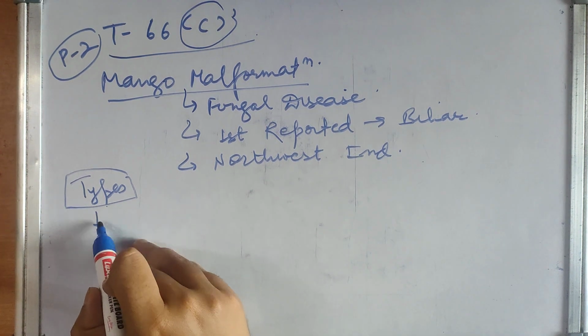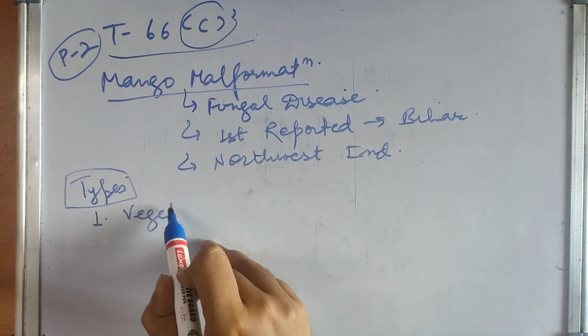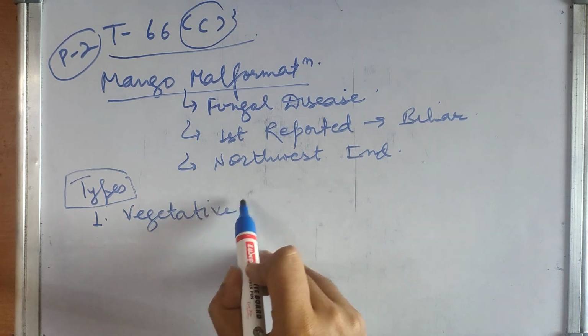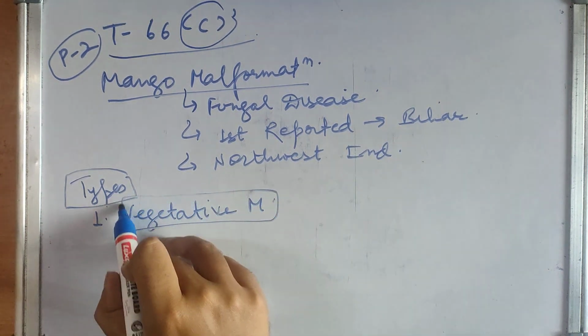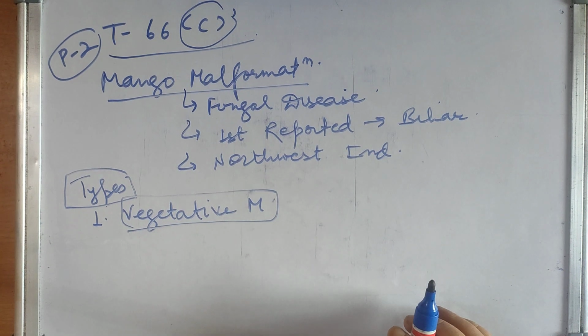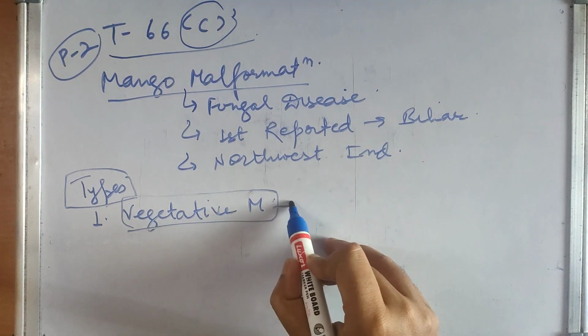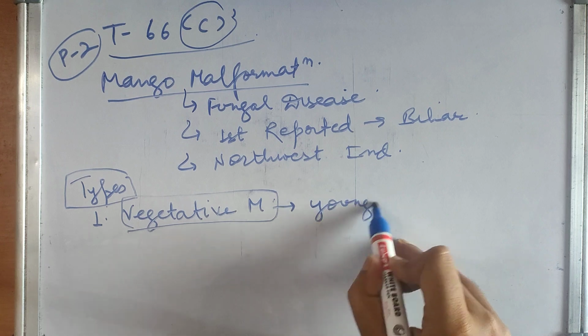First of all, we will discuss vegetative malformation. It is more commonly found on young seedlings.